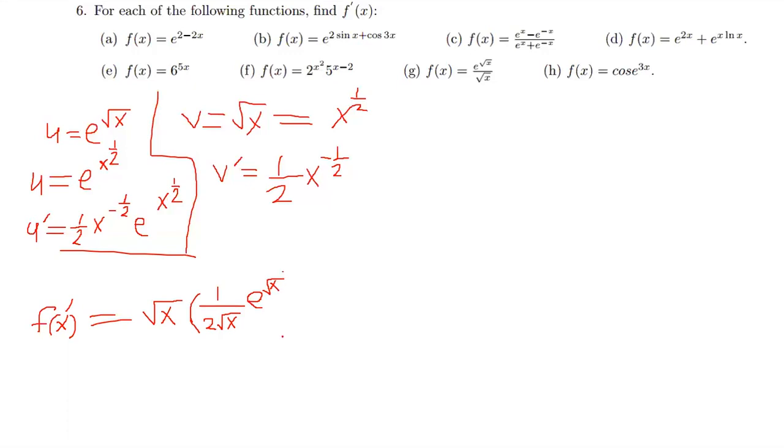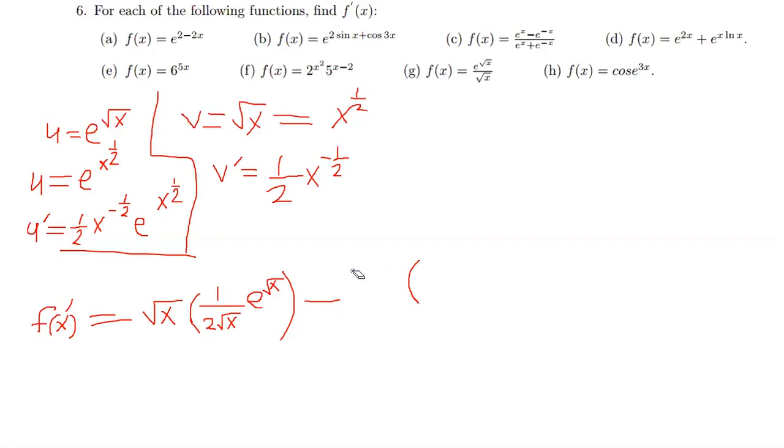And then you say minus, my v is the root of x multiplied by my u.